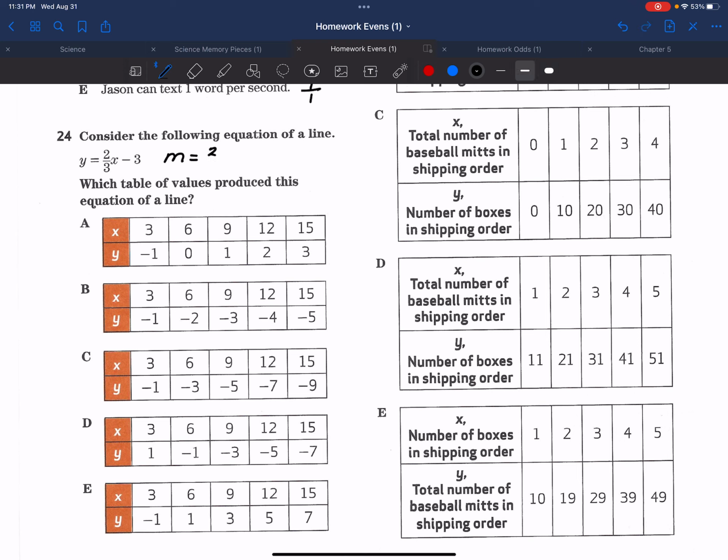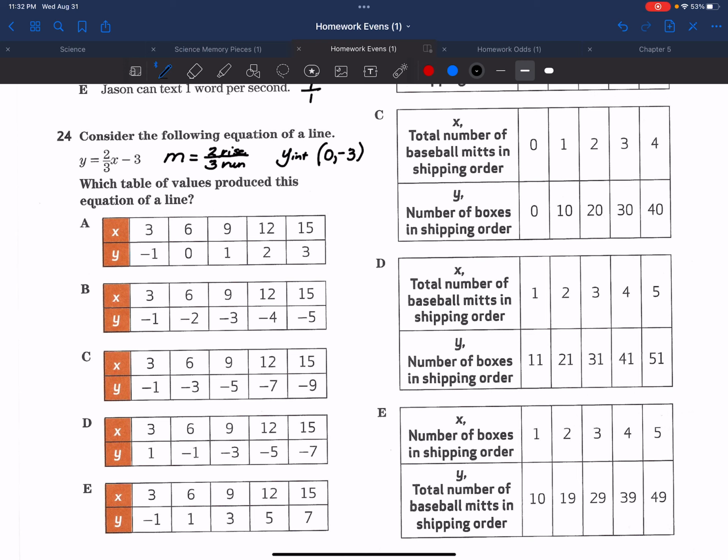Slope is positive 2/3. And remember, that's rise over run. And the y-intercept is (0, -3). That's where I'm going to start. If I can find one of these tables that has that y-intercept, that would be the table I would test first.